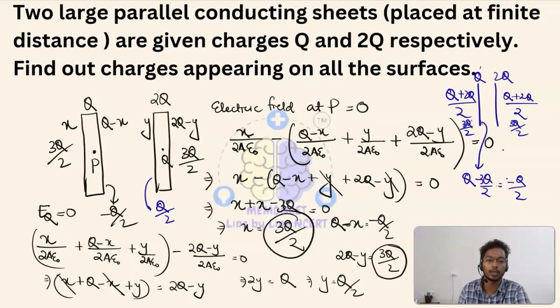So if 3q by 2 is present here, how much charge will be present on the inner surface? That is minus of q by 2, so that the whole sum will be q. And if this has minus q by 2, the inner surface of the other sheet will have the same magnitude but opposite in sign, that is plus q by 2.